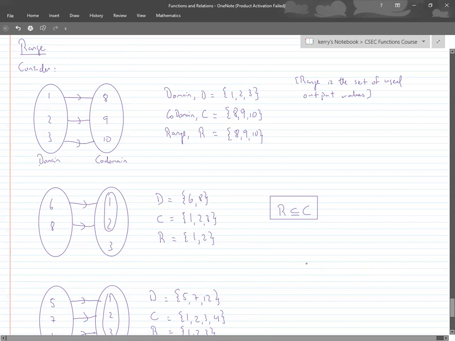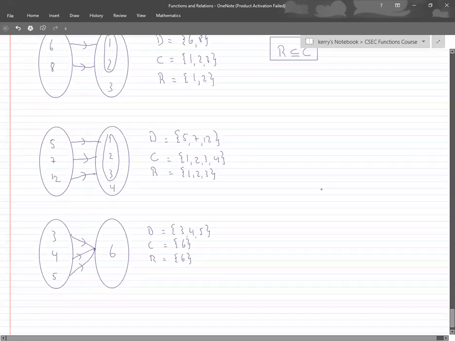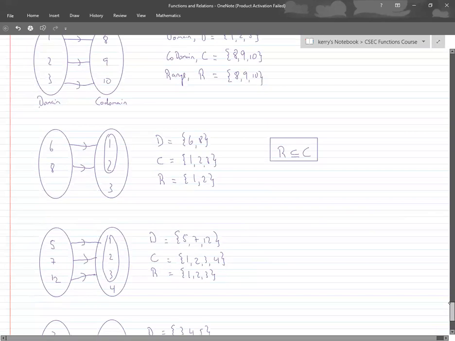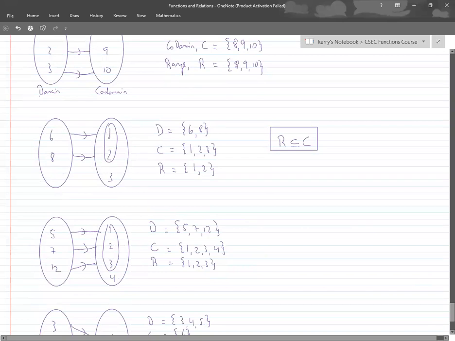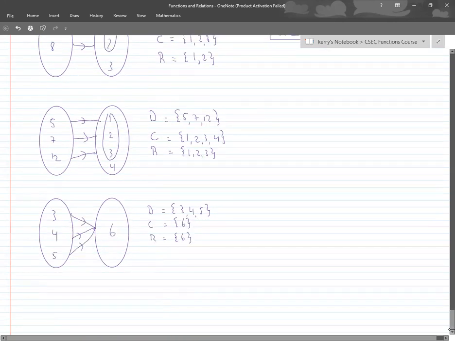But in the second relation here, what we see is that the codomain is 1, 2, 3. Those are all these values here, but the range is the set of used values, which is just 1 and 2. So that's why the range is 1 and 2 here. And feel free to go back through the other questions as well.